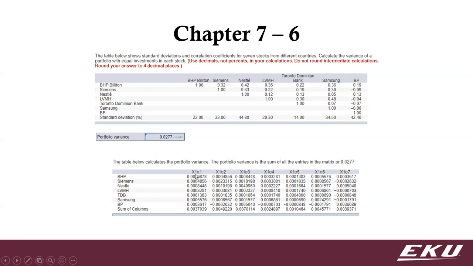And so that's what we're calculating with each of these: the weight and the variance or the standard deviation for each of these, and getting those cross correlations with them. And then at the very bottom here, it's a sum of columns, so you just add these up, and then sum across to get our total variance.